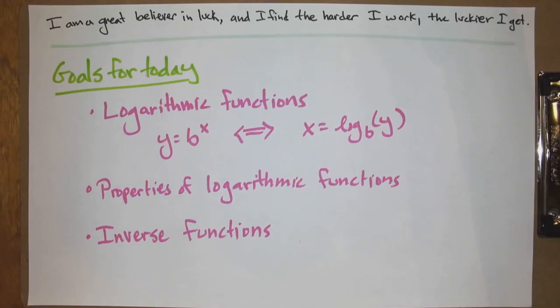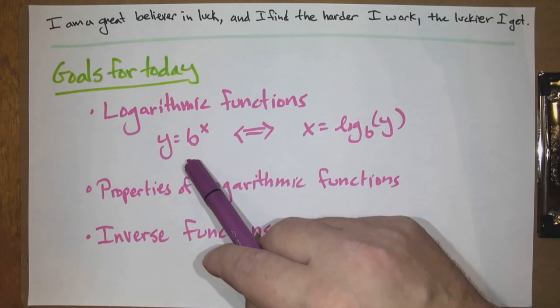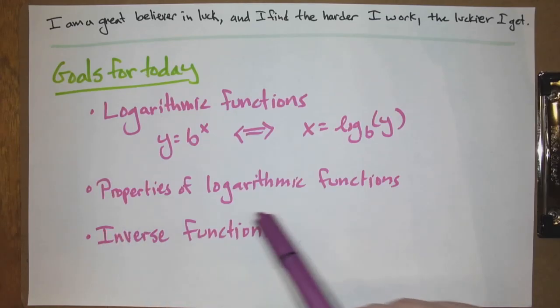Essentially, we're going to talk about the idea of inverse functions. You should think of the inverse function as undoing the original. The inverse function of exponential is log, which means that log is undoing exponential. And since it's tied to exponential functions, we're going to get some really nice properties of logarithmic functions.